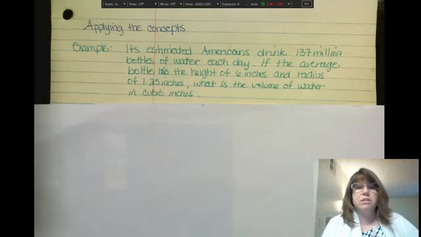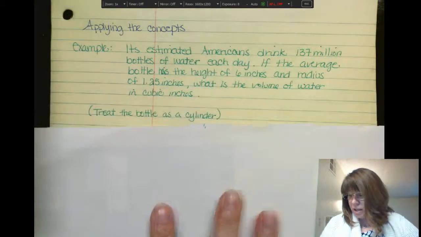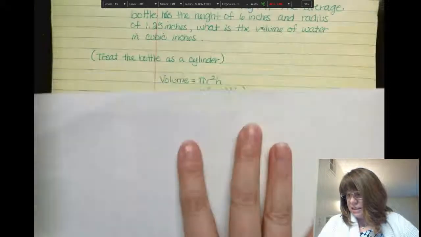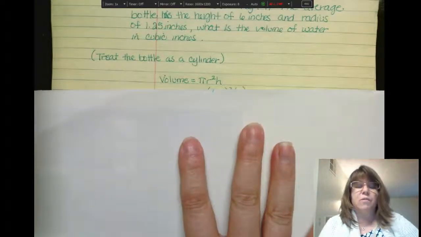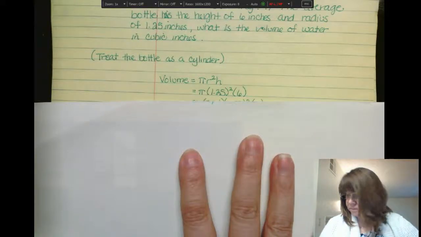Now, I'm going to consider this problem just a cylinder problem. Yes, I know most bottles have ridges and stuff, but let's simplify it and just say that it's a cylinder. So, a cylinder bottle would have the volume of pi r squared h. My radius is 1.25 inches, and my height is 6 inches, so I'm going to plug that into my formula.